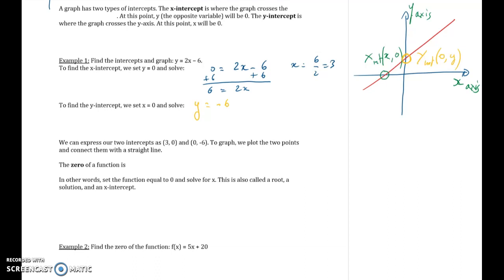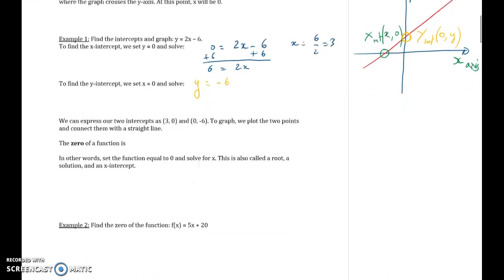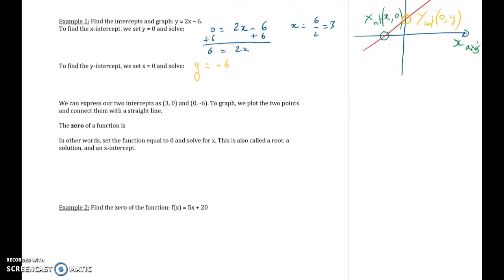Remember, when you are defining the x-intercept and the y-intercept, you are defining the coordinates of a point. Now, what is the 0 of a function? Well, the 0 of a function is the value of x that would make the value of f equal 0. So, basically, that would be translated as f of x equals 0.